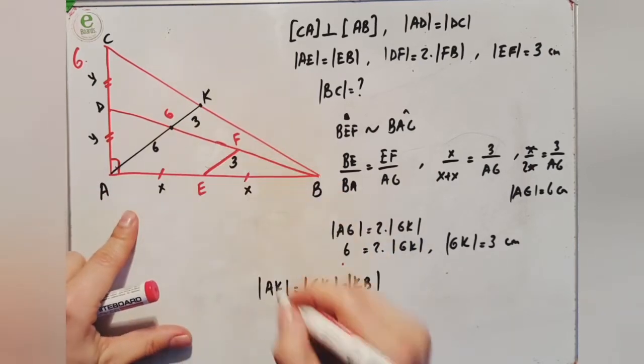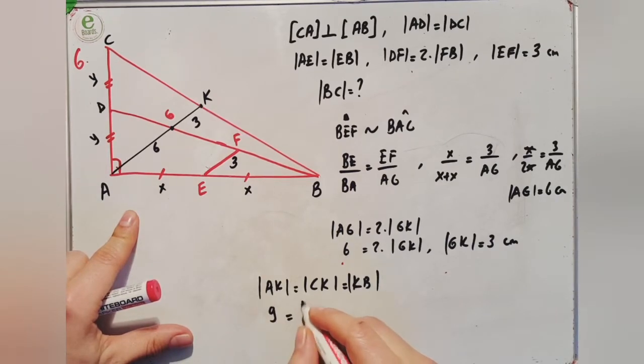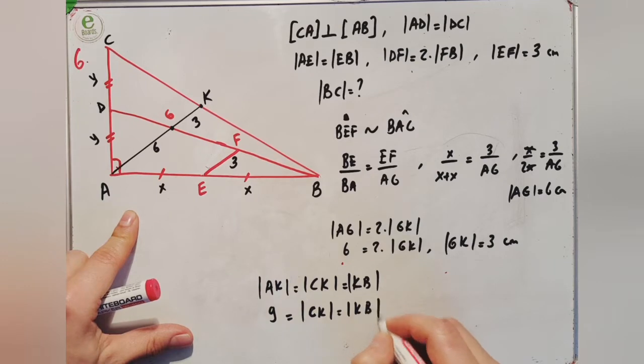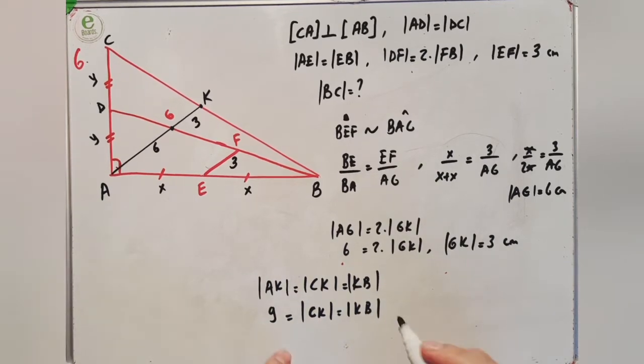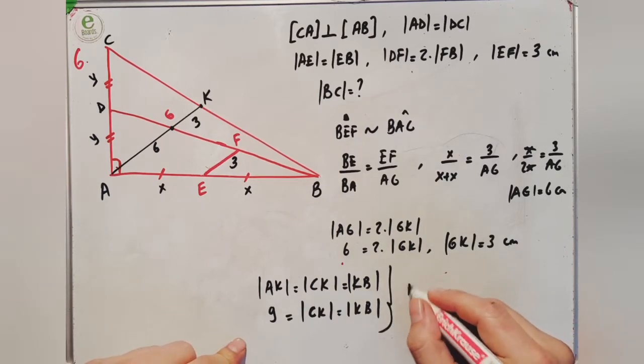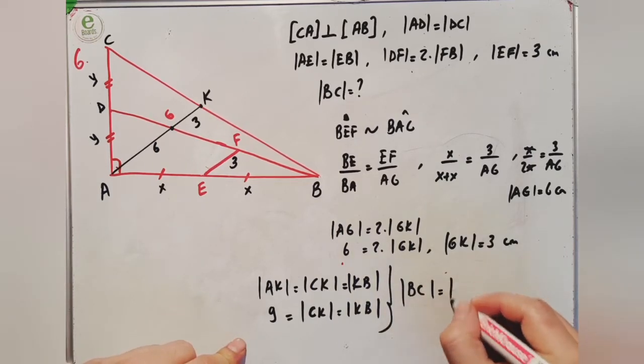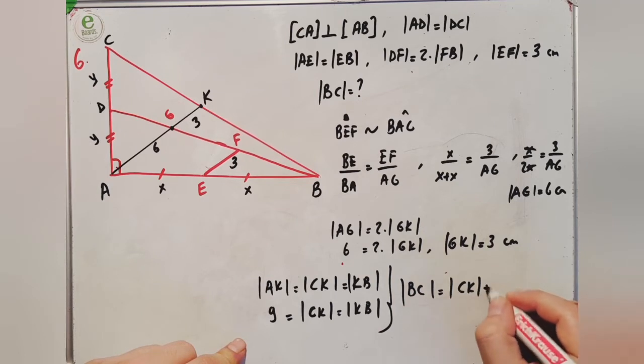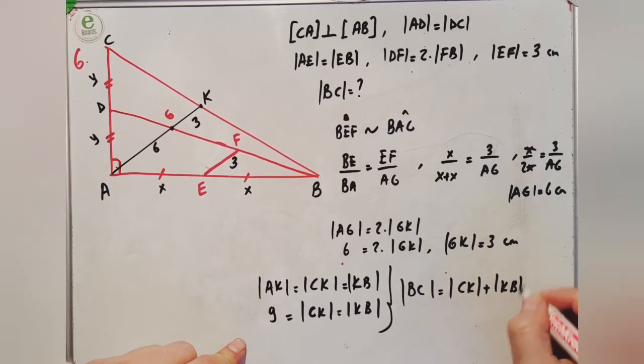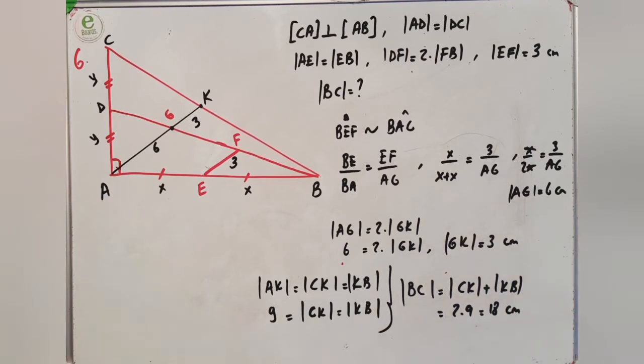AK is 6 plus 3, which means 9. So CK and KB are 9 centimeters. So we have to find the length of BC. The length of BC is equal to CK plus KB, which means 2 times 9 is equal to 18 centimeters.